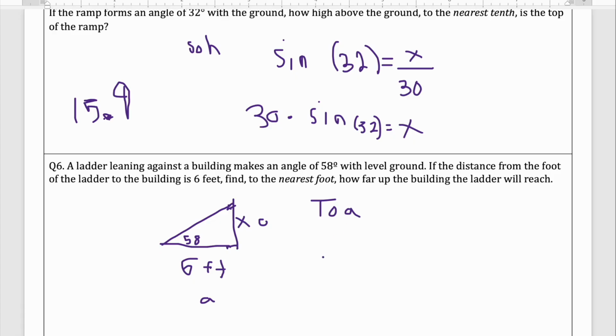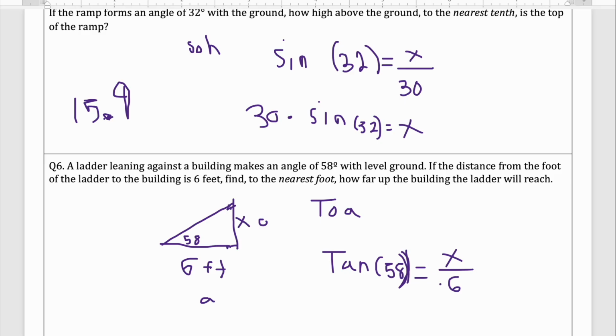So we're going to work with tangent. Tan 58 equals, right, x over 6.